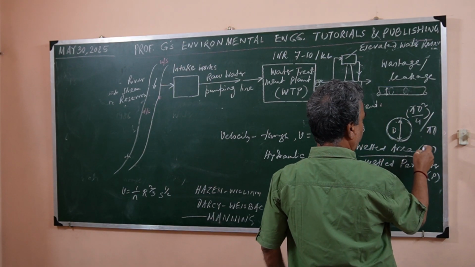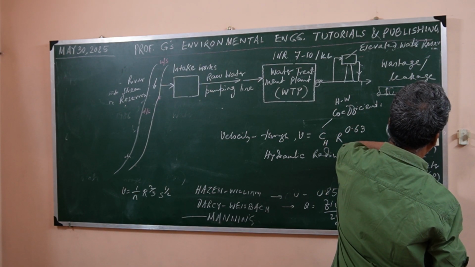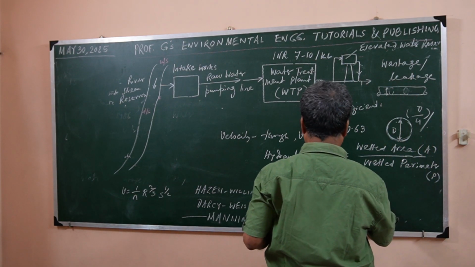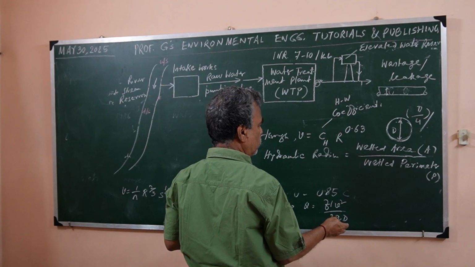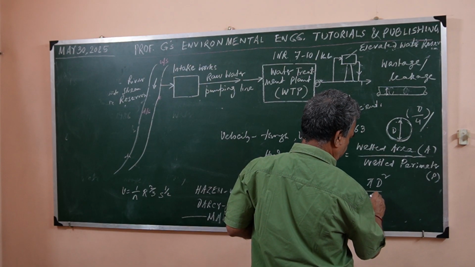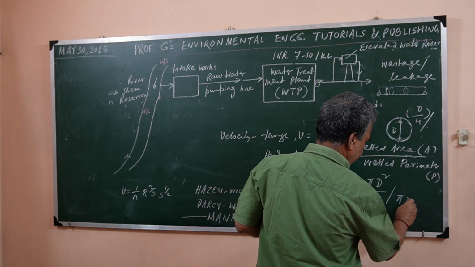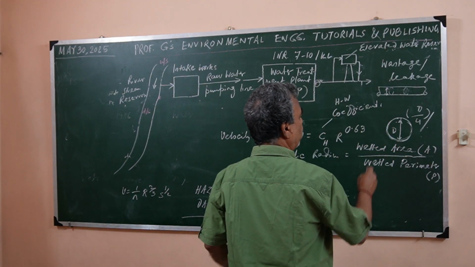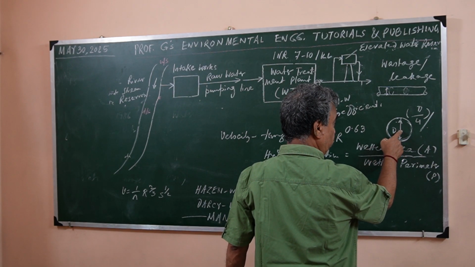So pi cancels out, and d cancels with one of the d's in the square. So this will be d by 4. So d by 4 will be the hydraulic radius when it is running full, remember, running full.